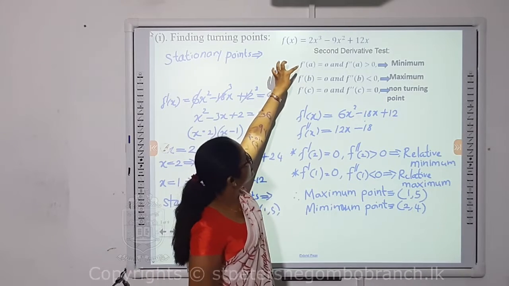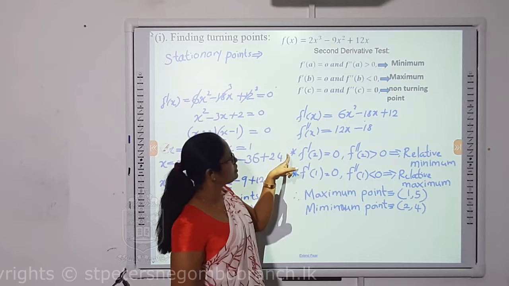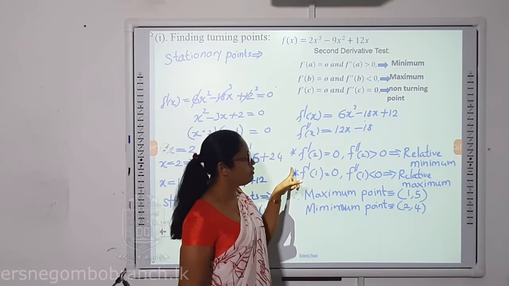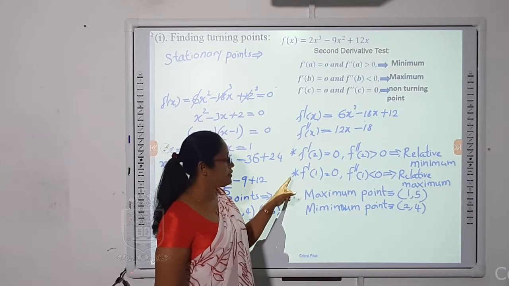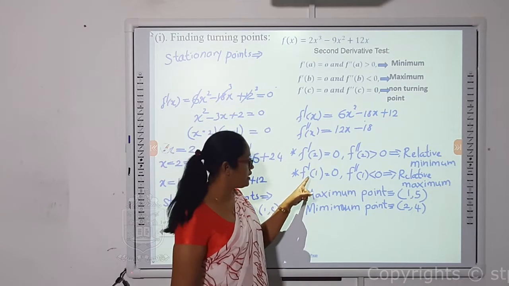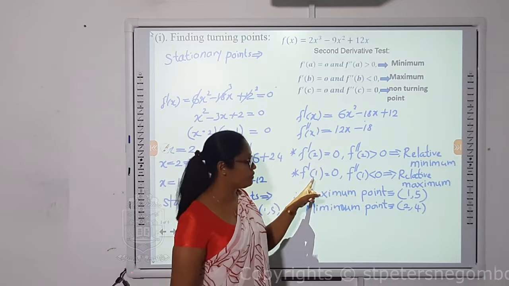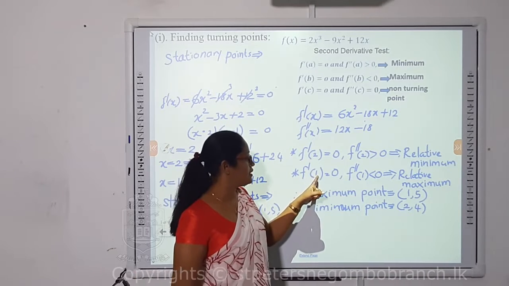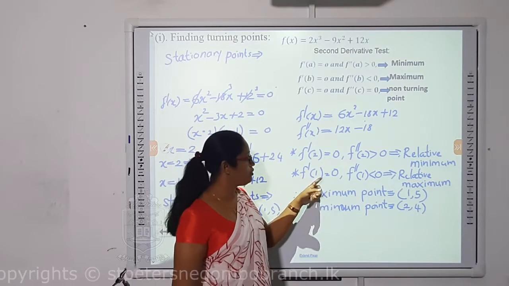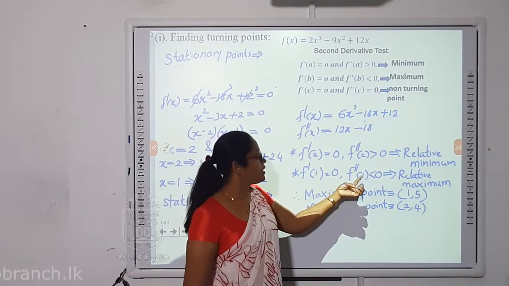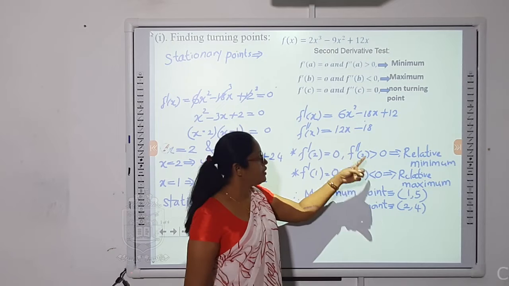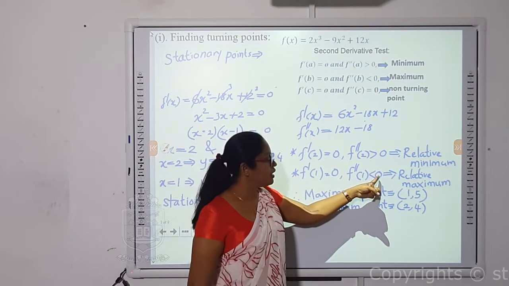The first one, right? If you look at the first one, it is equal to this. So we can conclude that at x equals 2, there is a relative minimum. The second point I want to check is x equals 1. So f dash 1 equals 0, you can find from here, and also f double dash 1, just put value 1 here, you can get a negative answer for this.